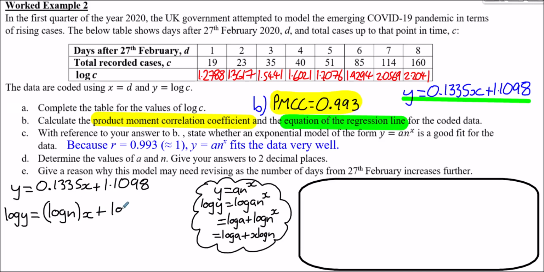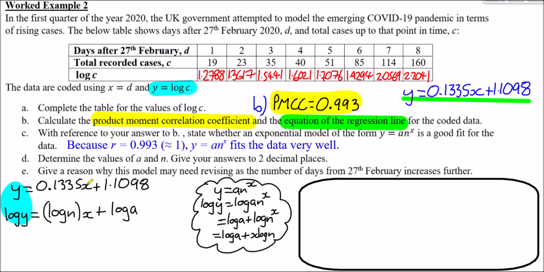So now we can compare and see what bit matches up to what value. So like we said, y is going to be coded as log c. So this thing here is going to be log of the case numbers. Log c, log y. So our y-axis is going to be c. Too many letters, you might be thinking, but as long as you can marry up and see what matches to what, we can fill in the details after.